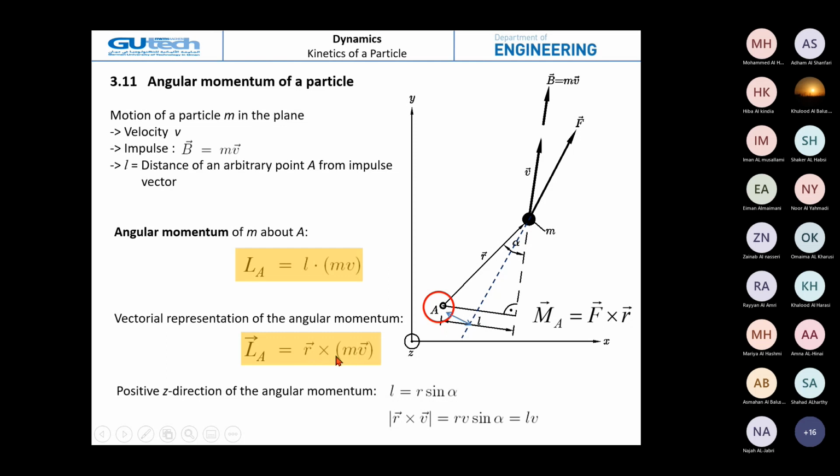We have to make dr divided by dt cross mv plus r cross d(mv) divided by dt, and for mv we have to make also dm divided by dt plus dv divided by dt multiplied by the mass.